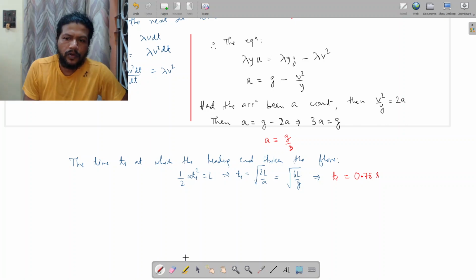So from this moment onwards, the top end is going to just be in free fall.